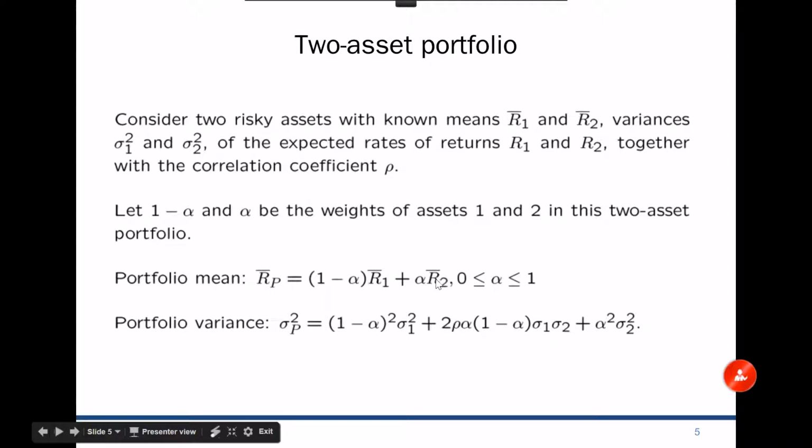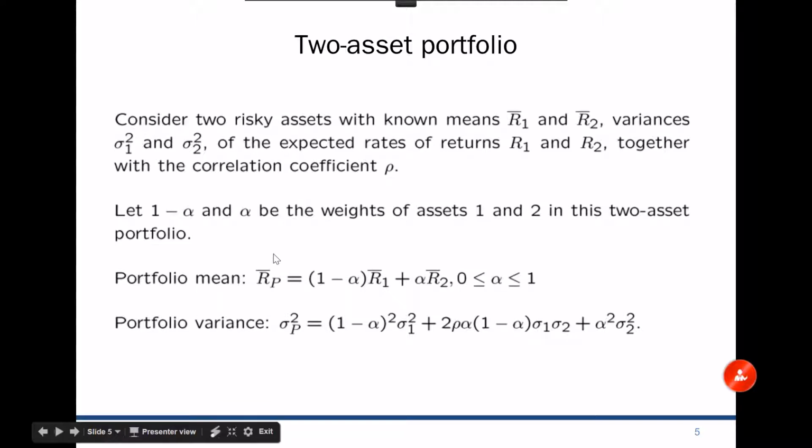And then R1, R2, rho, sigma 1, sigma 2, they are all known values. And as we change alpha, as we change the portfolio weight, this one will change and this one will change. Our question is how they change. That's our usual interest. So here in this two asset problem, our objective is to change alpha such that we construct the portfolio that we like.